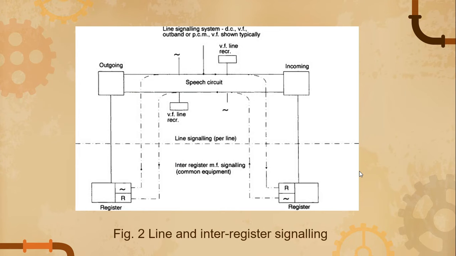So for the figure 2, the line and inter-register signaling. A railway signaling system mainly includes a train control system, an interlocking system (CTC), and a centralized signaling monitoring system.